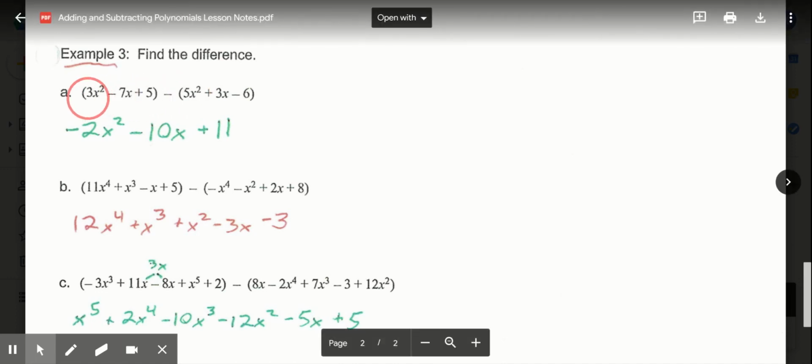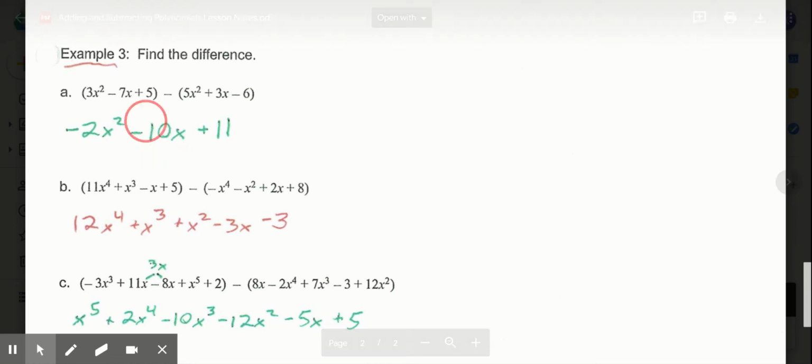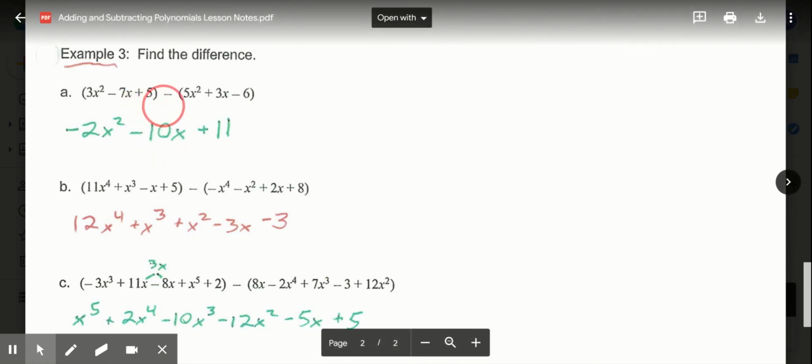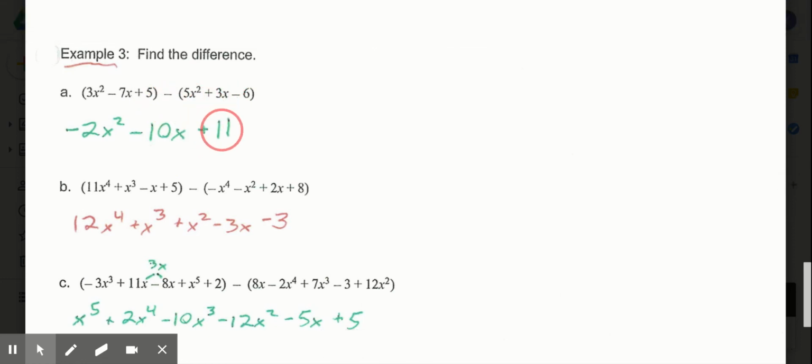So a 3x squared minus 5x squared gives us a -2x squared. A -7x minus 3x is a -10x. Positive 5 minus -6, so that becomes +6. So positive 5 minus -6, same as 5 plus 6, which gives us the +11.